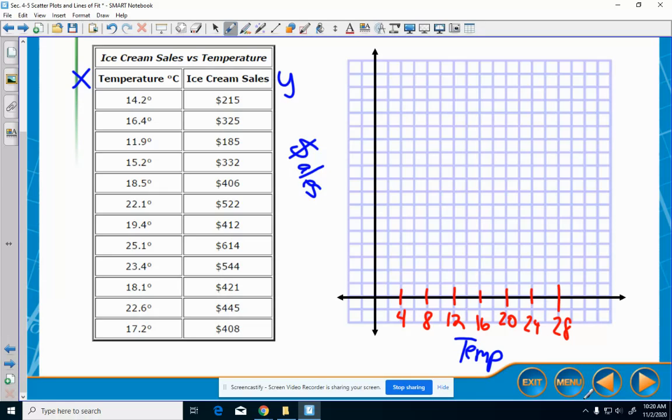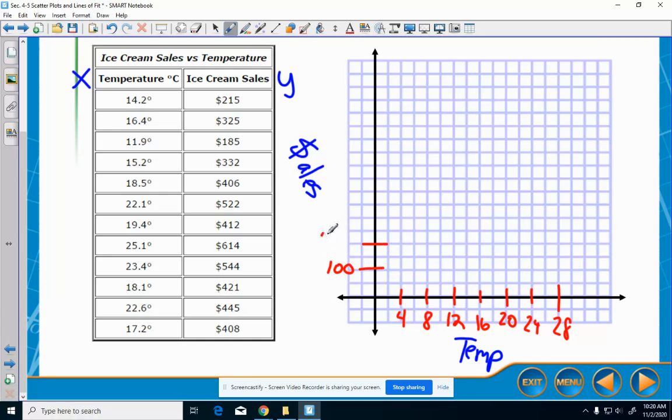And across the vertical, I think I see a highest value there of like 614. So what do you want to count by vertically? I think if we count by hundreds, my entire graph would only be up like this many units. So maybe let's count by 50s. That'll at least stretch it out a little bit.